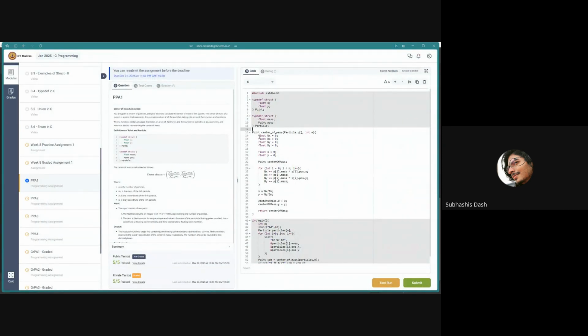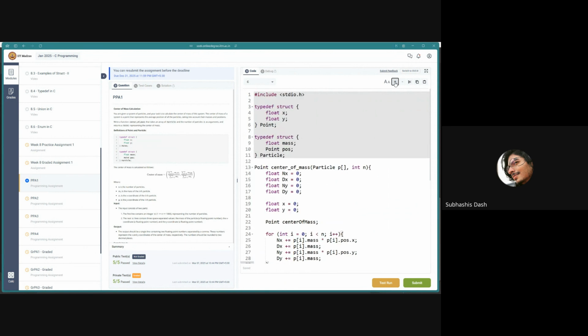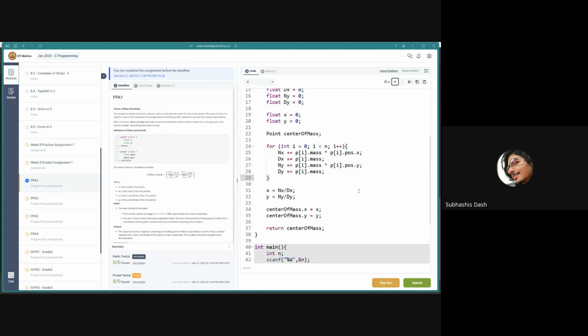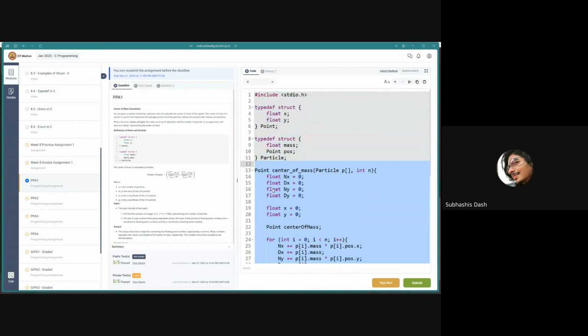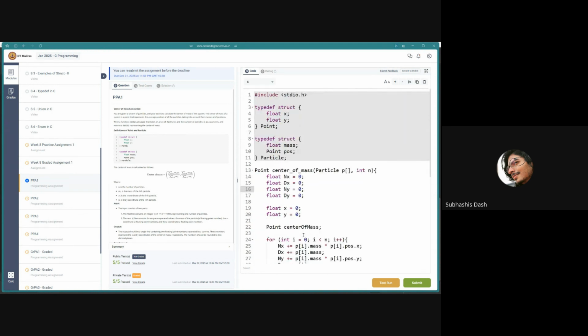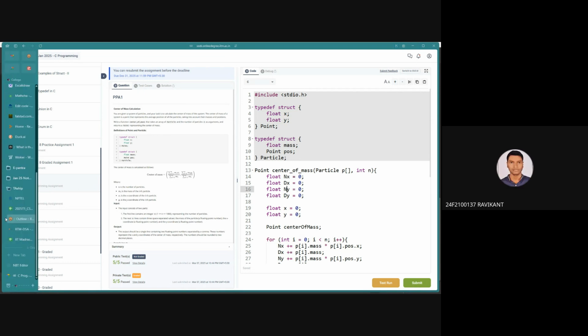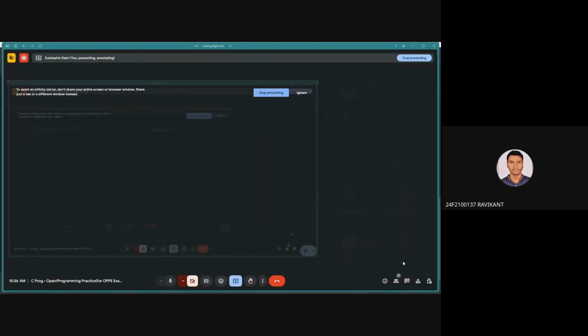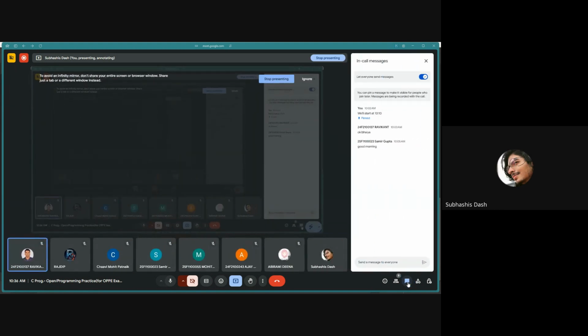So PPA 1 we have already discussed. I'll just increase the size of this one. We had discussed this in the last PA session, so I'll just skip that one. Does anyone have any doubts in this one? If you cannot turn your mic on, feel free to leave the doubt in the chat.